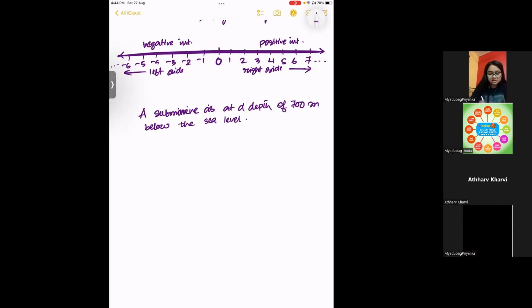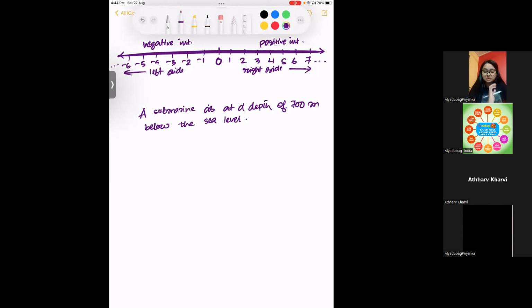This is a simple statement, just stating the position of the submarine, 700 meter below the sea level. This is in words, so can you tell me this sentence in numbers? -700 meter.